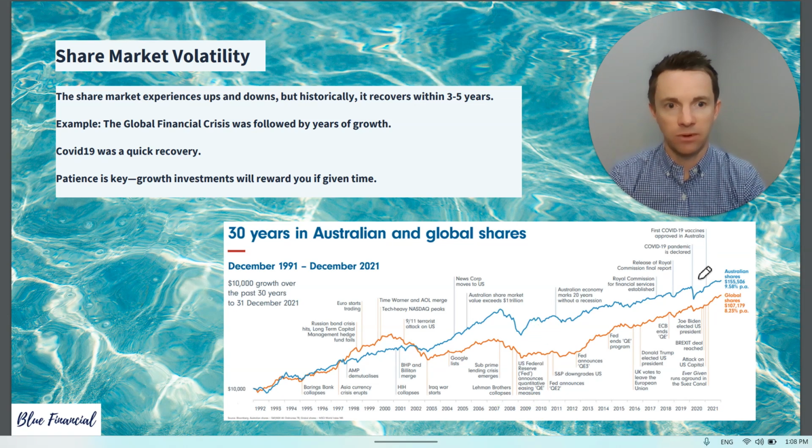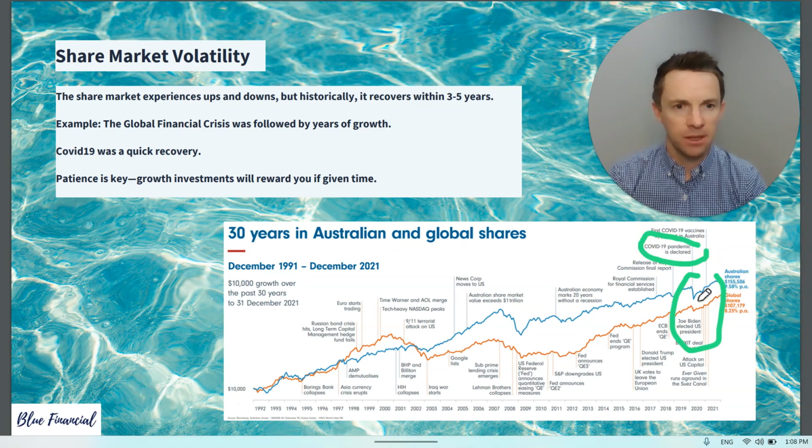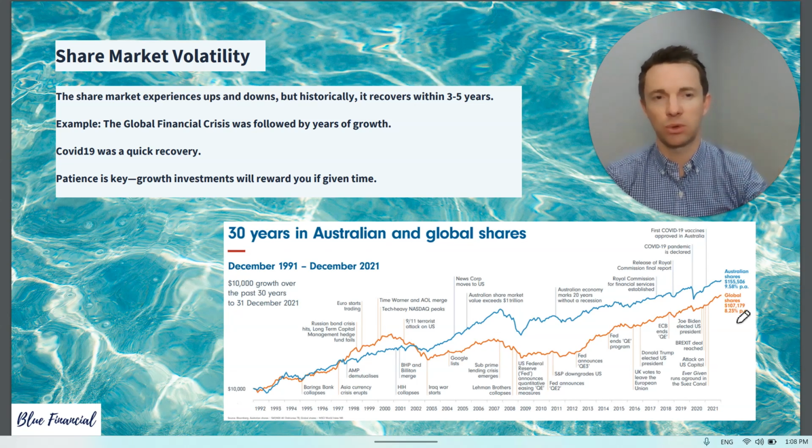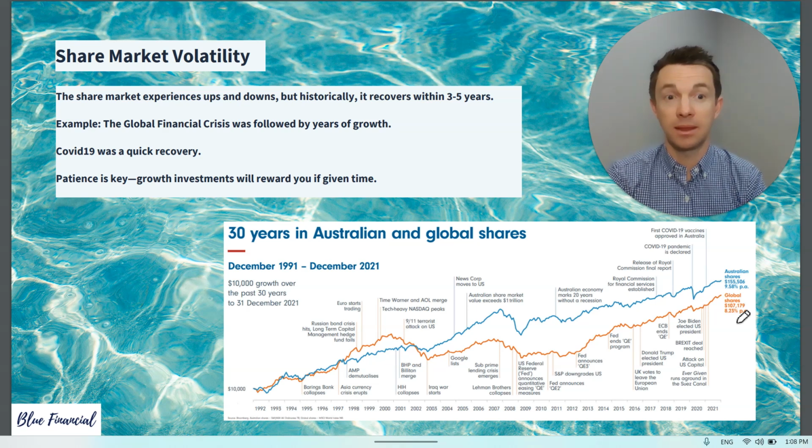And then over here we've got the COVID pandemic. You can see it crashed very sharply there, and then it recovered once again pretty quickly, within 3 to 4 months, 6 months, depending on where you're looking at it from. But they are the big crashes in the last 30 years, and that's how long they've taken to recover.